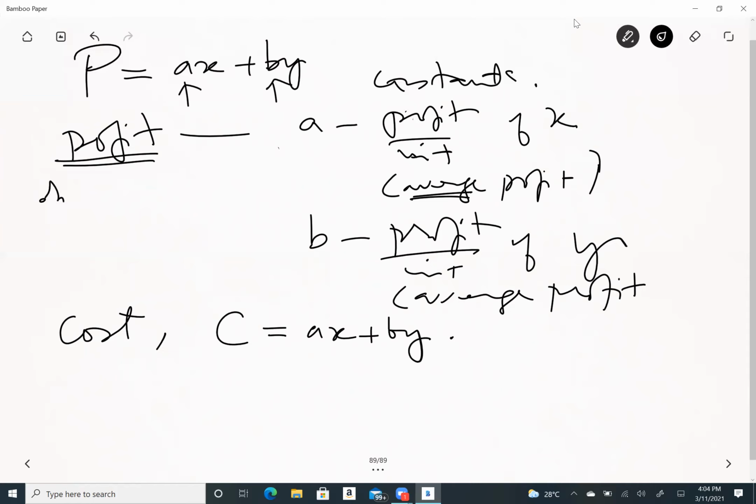So your objective is profit per unit of X, of Y, or average profit. Now, if you have cost, then what is A? It's not profit per unit. So now, what should it be? Average of what?